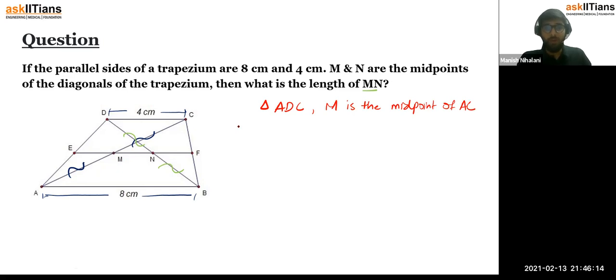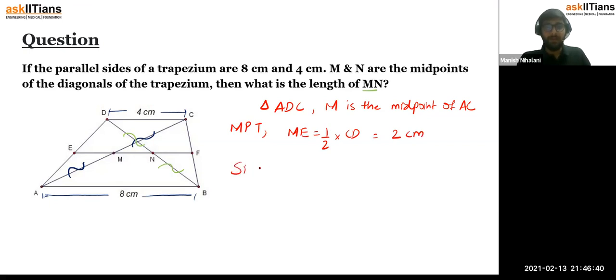Therefore, using the midpoint theorem, using MPT, so we have BPT, we have MPT. BPT is the basic proportionality theorem, MPT is the midpoint proportionality theorem. So here your MPT would be ME is half of CD, which is just 2. So 2 centimeter is your ME.